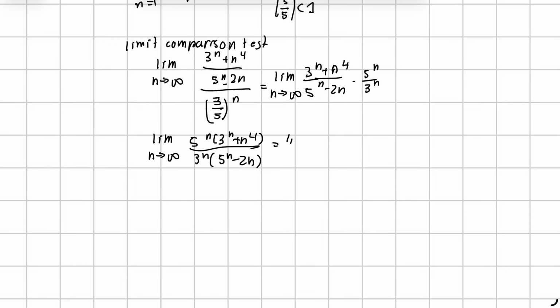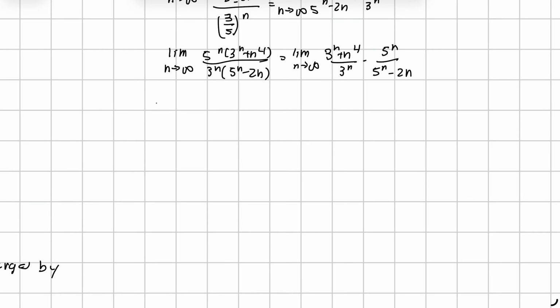We get the limit as n approaches infinity of 1 plus n to the 4 over 3^n, divided by 1 minus 2^n over 5^n.